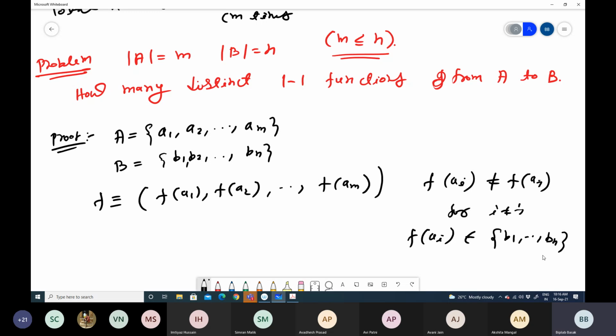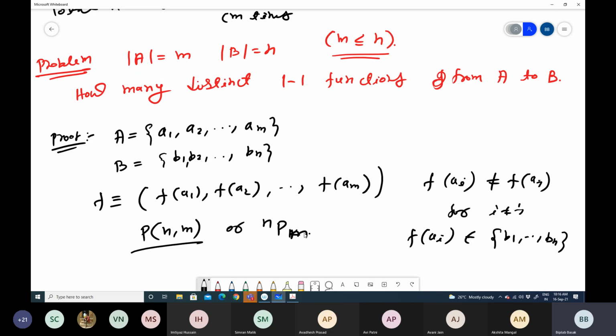So therefore, this is an m-tuple. That means we are just taking an m-permutation from n elements. So this is just P(n, m), or another notation is nPk, or nPm as well. Okay, so this is one use of the permutation.